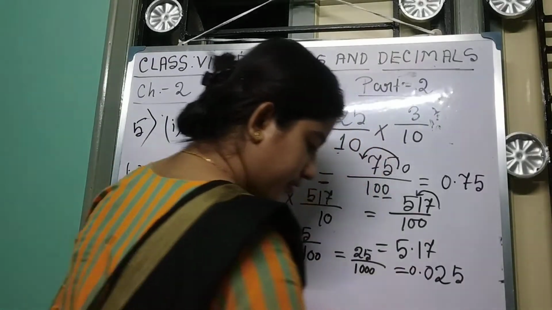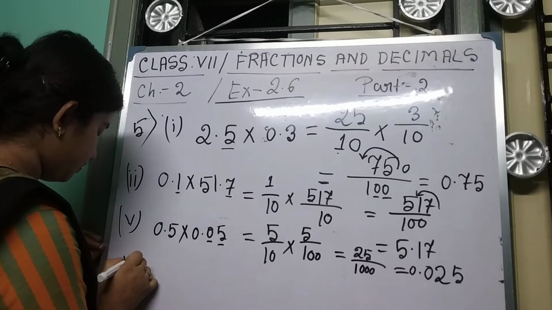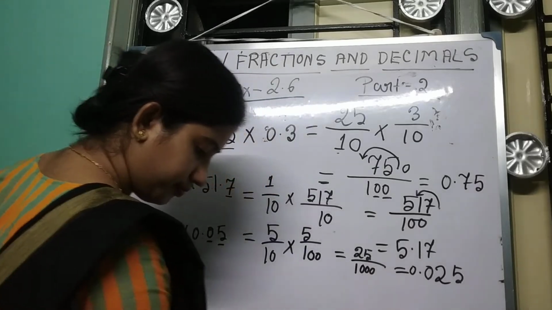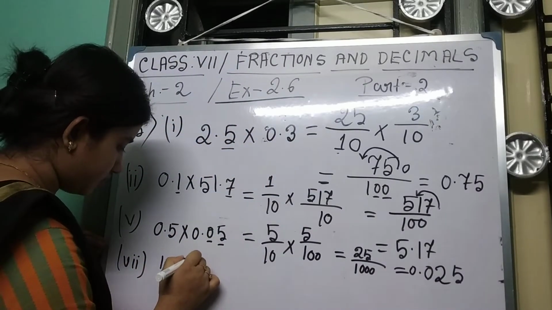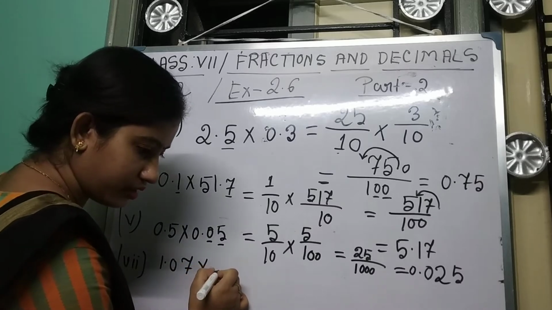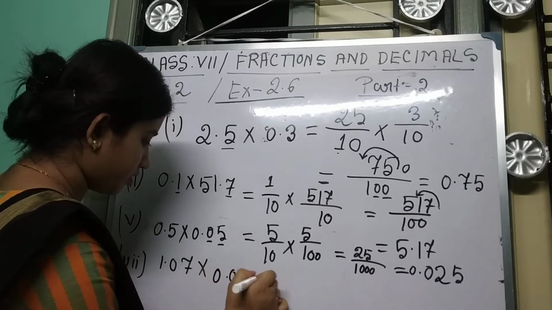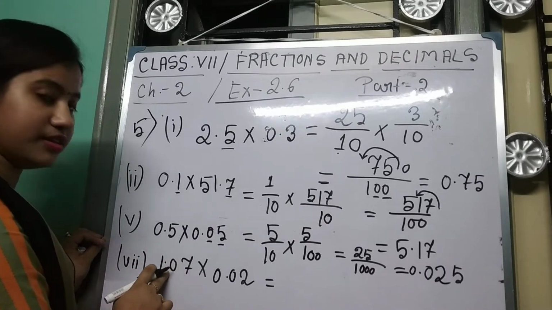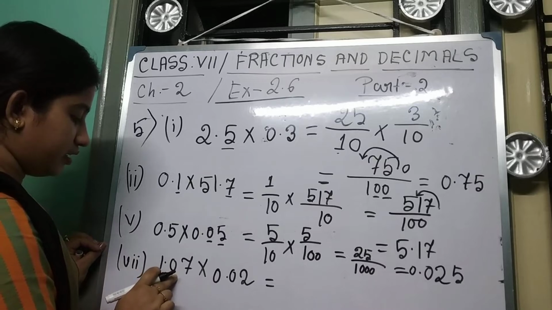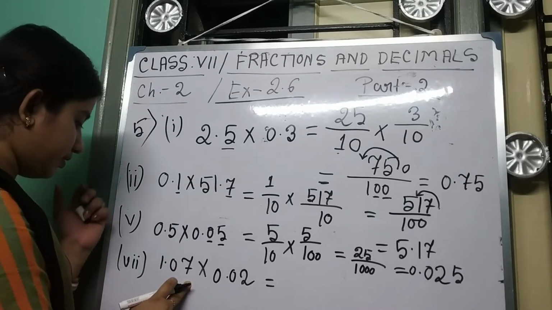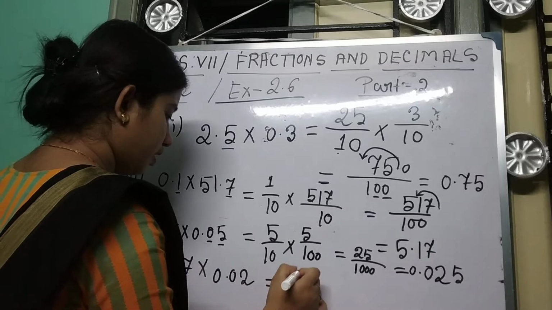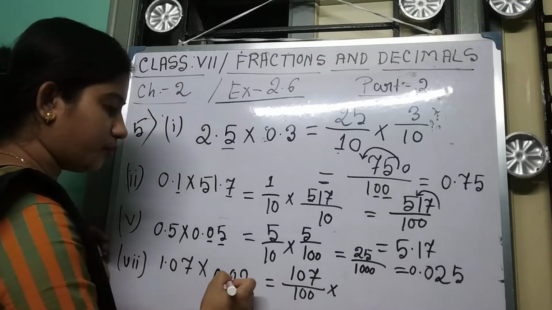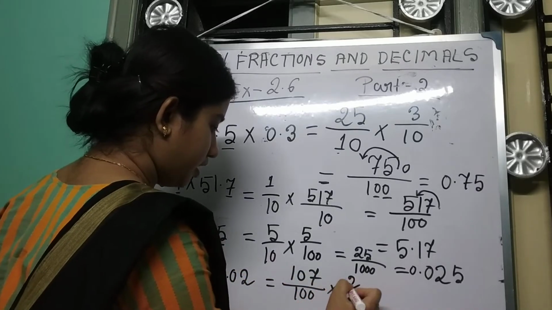Now next number 7. We are given 1.07 into 0.02. 1.07 without the decimal is 107, and since it has two numbers after the decimal it is divided by 100. So 107 by 100, and 0.02 is again divided by 100.